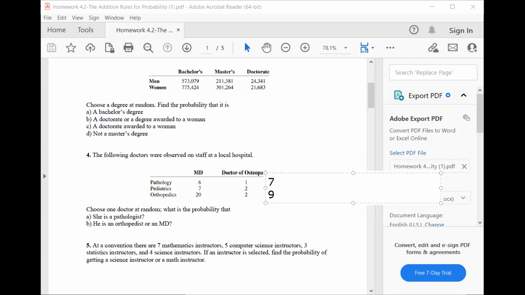Always when you do these tables, you have the option of checking your arithmetic. Let's do this one so I can show you, because this will be good for the next couple of problems.